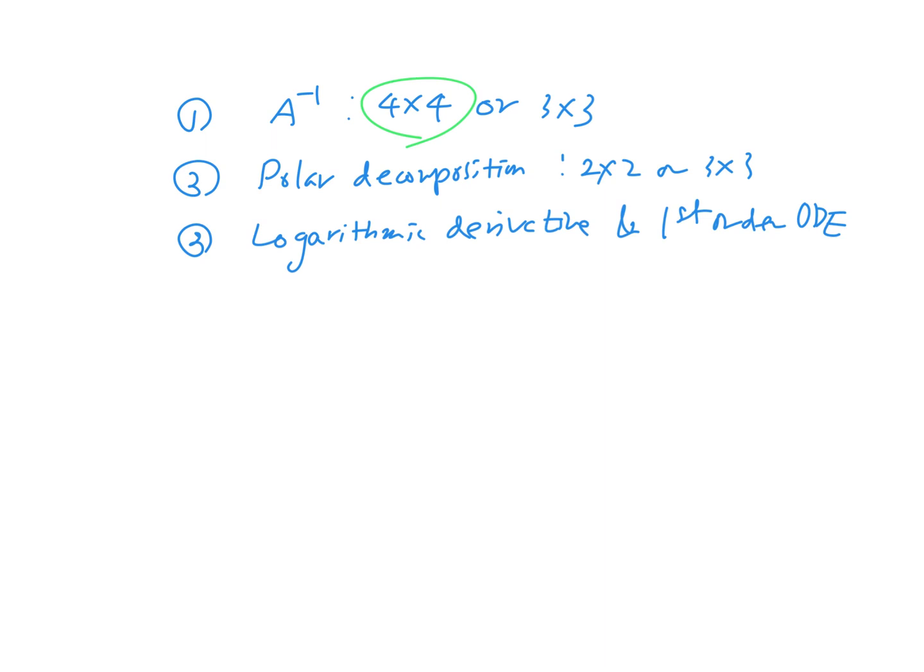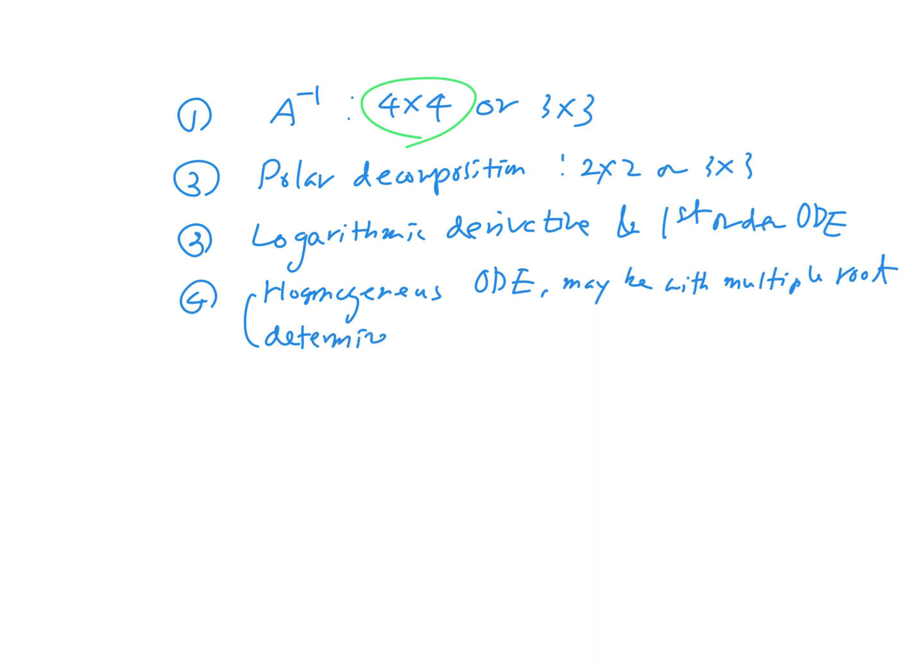Definitely logarithmic derivative and tautology. So it's the same thing. Maybe with the multiple root. And maybe initial conditions as well, so maybe determining C1, C2, or C3.